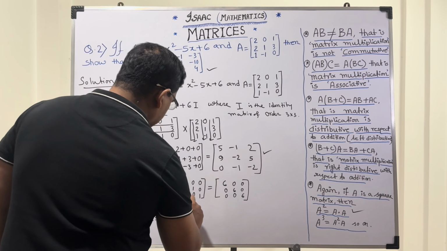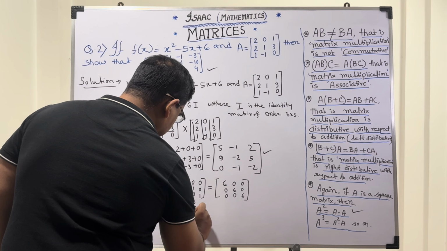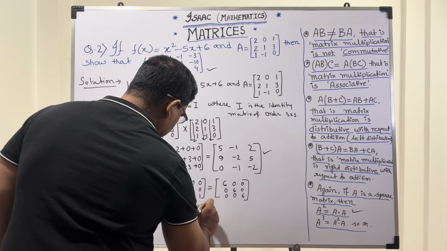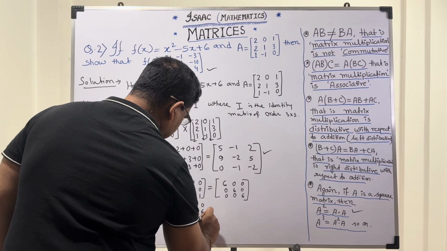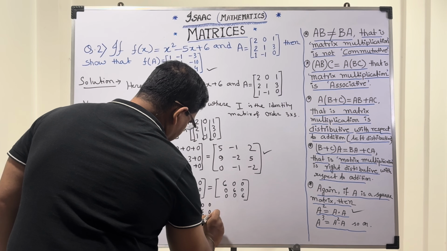Minus 6 and plus 6I. 6I means 6, 0, 0, 0, 6, 0, 0, 0, 6.